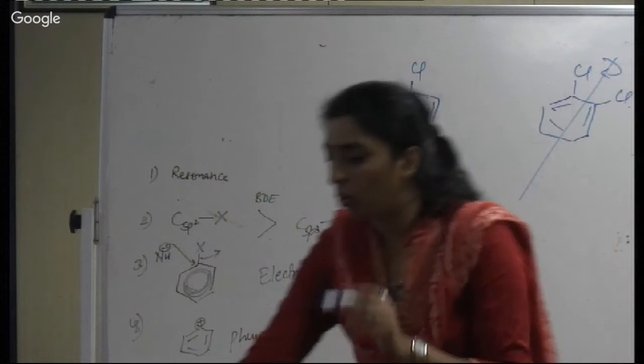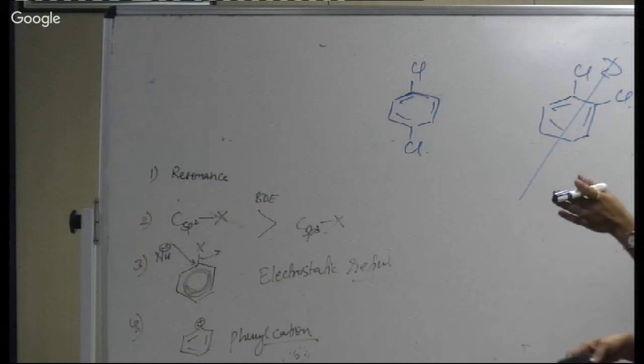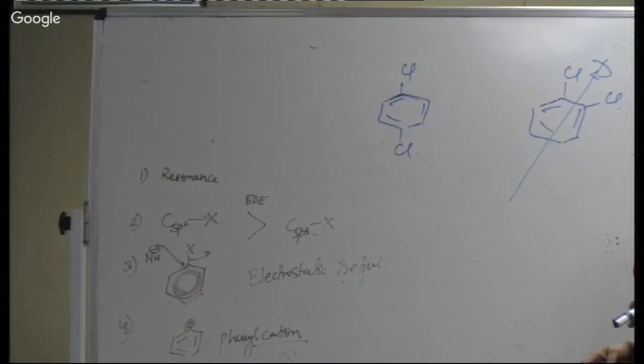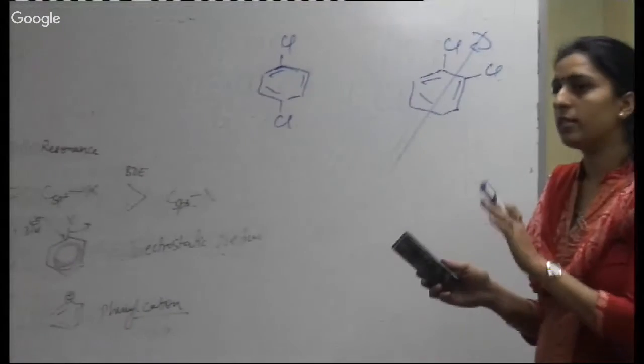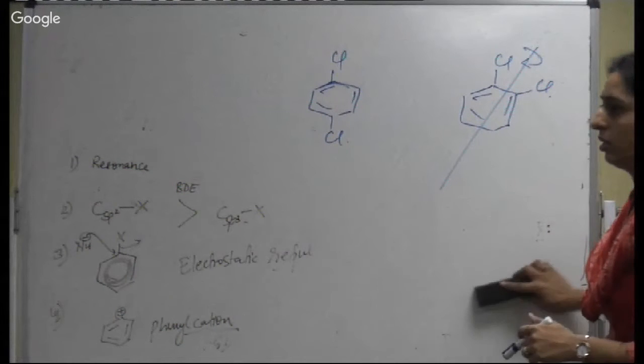You cannot correlate this type of symmetry, where the molecule has a plane of symmetry, with the symmetry we are asking for in the crystal lattice formation. That symmetry is different, and this plane of symmetry is different.